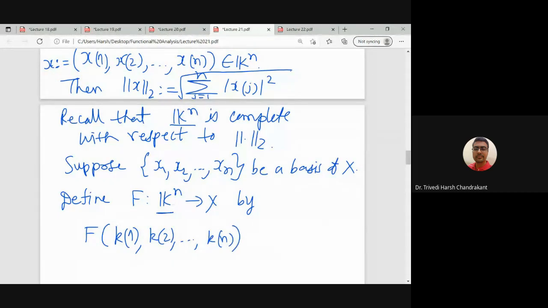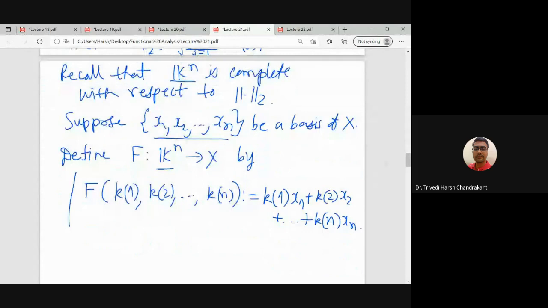So this we are defining as k1 x1 plus k2 x2 plus ... plus kn xn. Right. So this is a linear function.